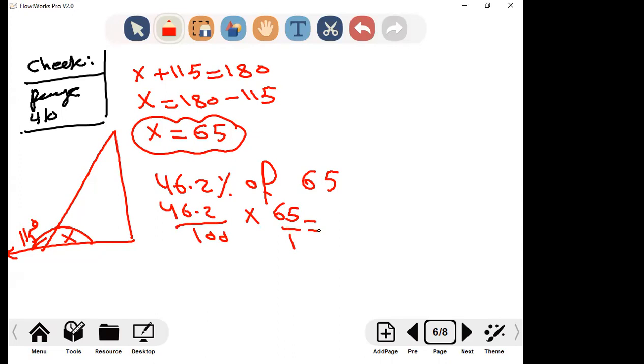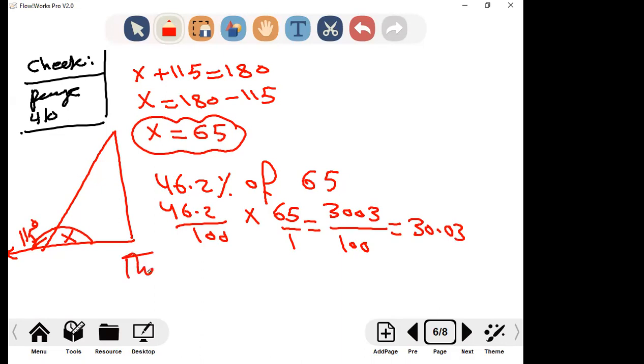Now 46.2 multiply 65 is 3003, over 100, equals 30.03. The question said round to the nearest degree, meaning they don't want the decimal, but let's round at the end, okay? Now let's find the new angle.